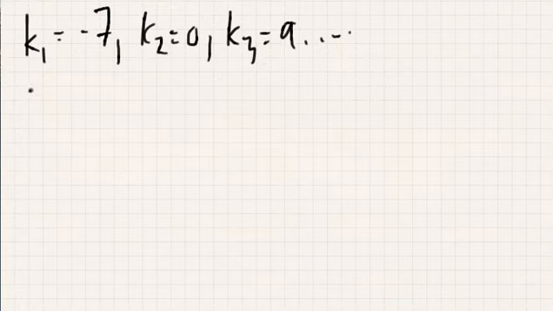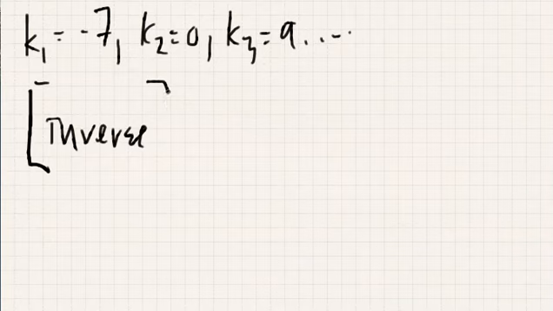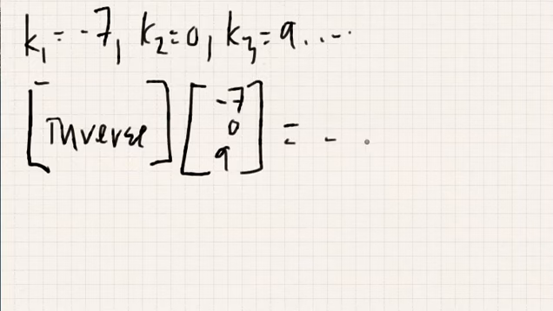Well, I already found the inverse, so to find the answer for part B, I just have to multiply the inverse against negative 7, 0, 9, and I get my answer. And again, I did the wrong inverse, so I really do have more work to check.